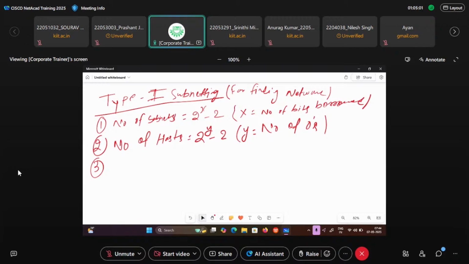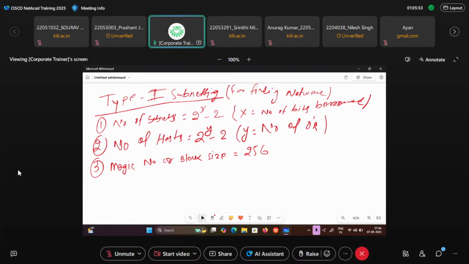You can write down: magic number or block size is equal to the total number of addresses. If we take an example of any IP address and any octet, with values from 0 to 255, how many total addresses will you get in each and every octet? So you get 256 total addresses.